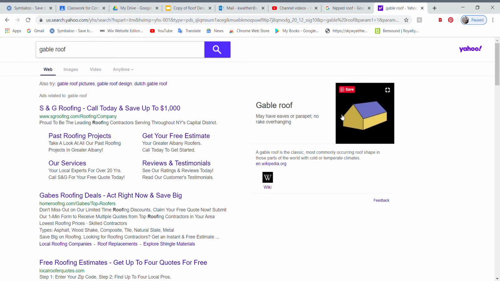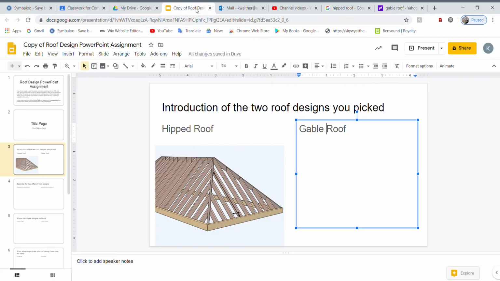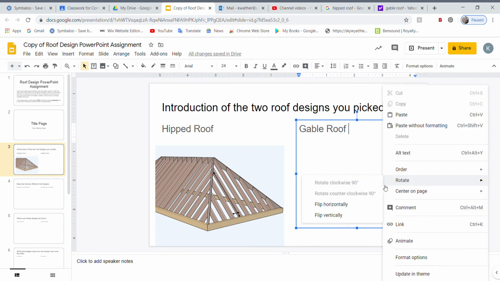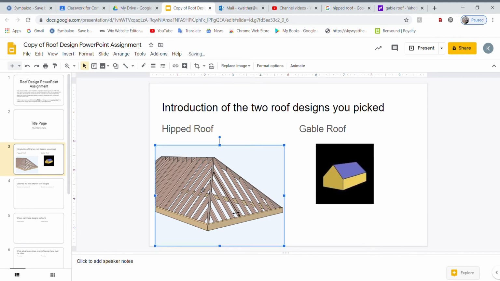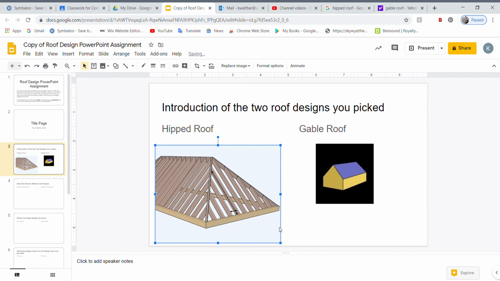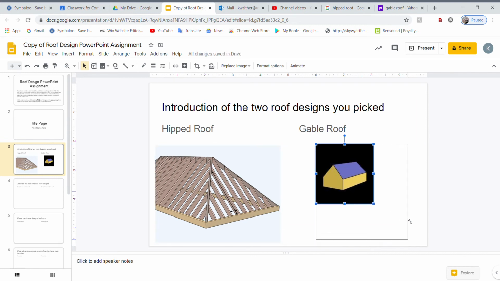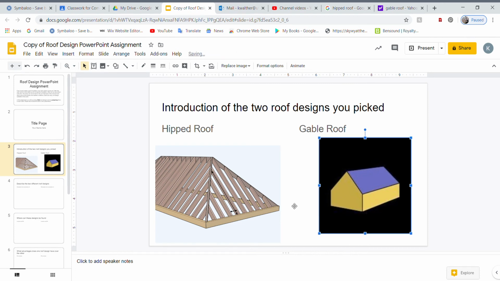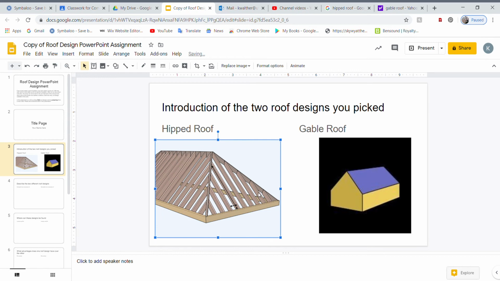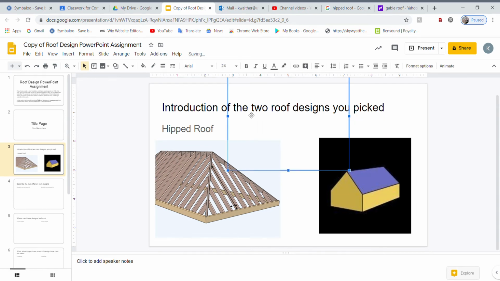And I'm just going to copy this image right here, and paste. So this, I'm going to shrink a little bit. This I'm actually going to make bigger. And I kind of want everything to more or less be the same.